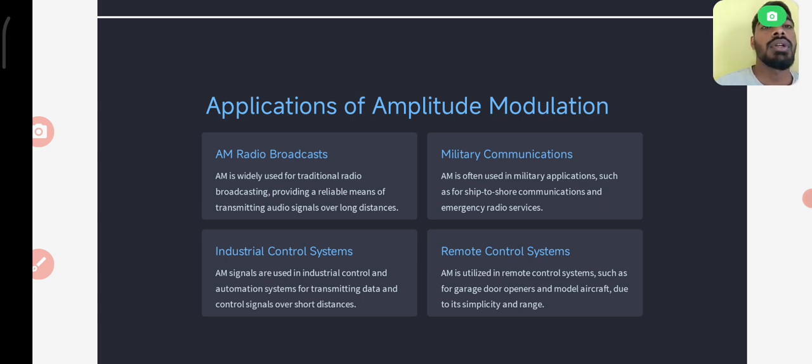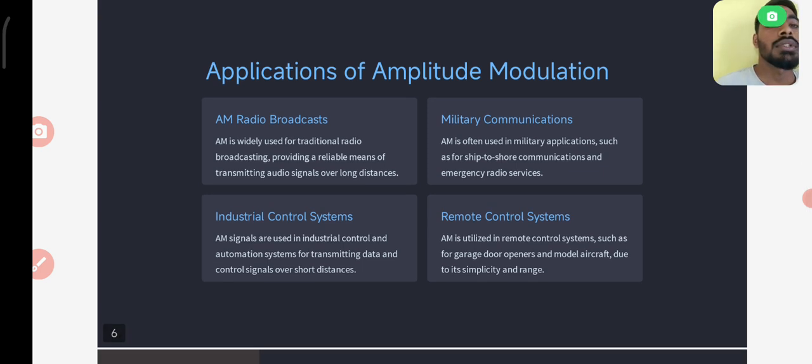Amplitude modulation is widely used for traditional radio broadcasting, providing a reliable means of transmitting audio signals over long distances. Military communications: amplitude modulation is often used in military applications such as ship to shore communications and emergency radio services.